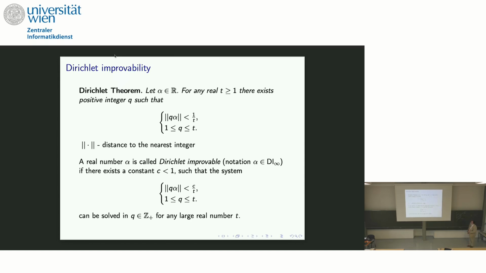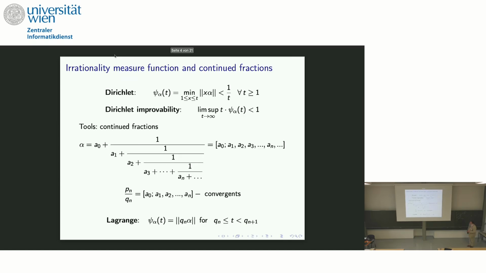Okay, so I'm continuing with my next step. It is reasonable to formulate some results in terms of the irrationality measure function. I will draw it here. Here it will be t, here it will be the value of the irrationality measure function.